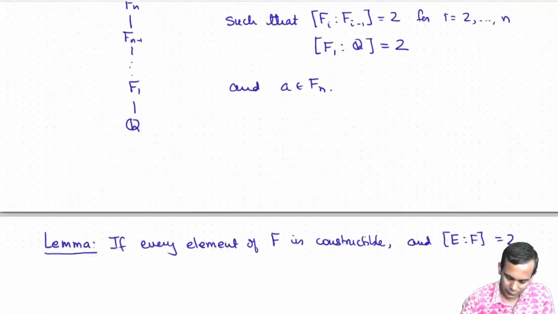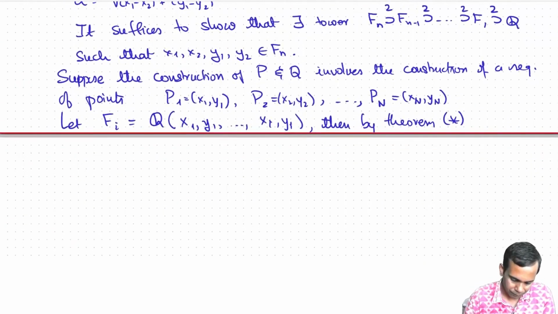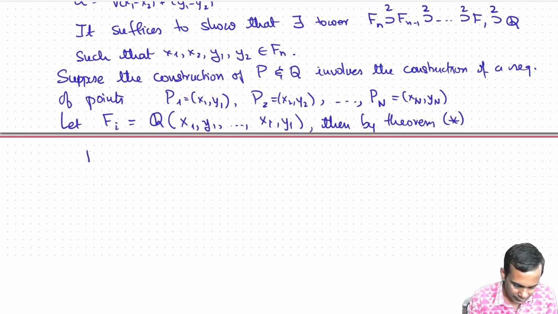So theorem star will now tell us that the index of Fi minus 1 in Fi is either 1 or 2.